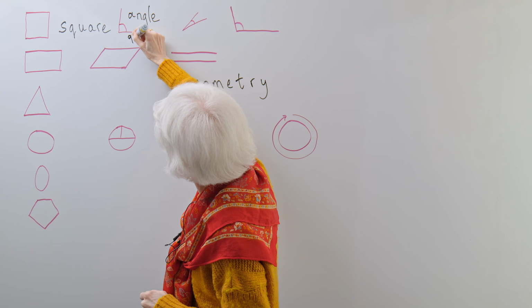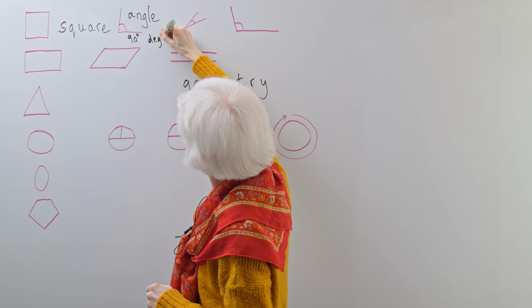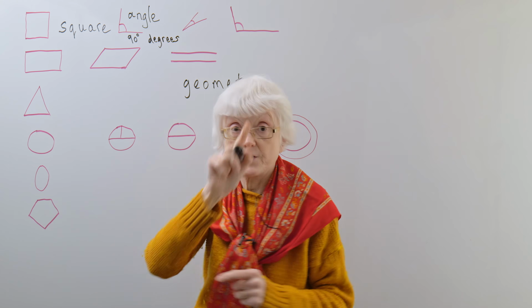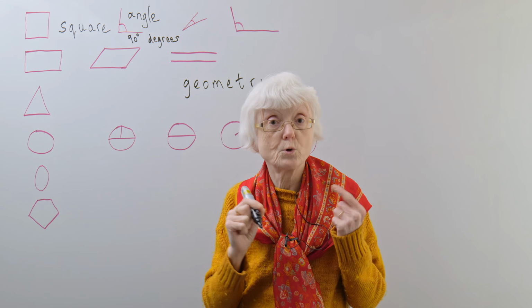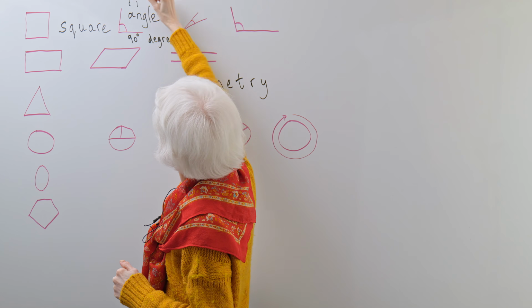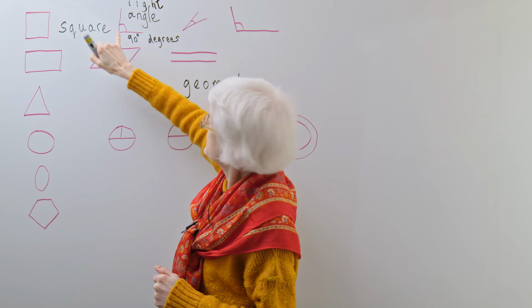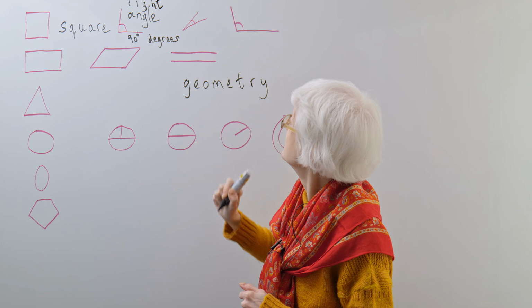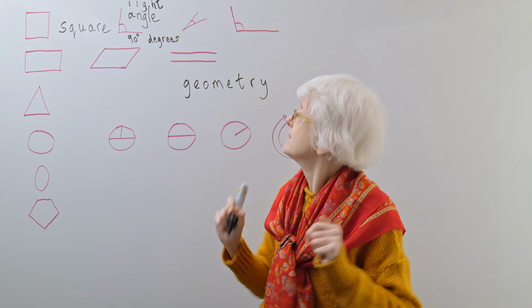So 90 degrees. Okay, because it's absolutely straight. That's also called a right angle. So this is a right angle and it's 90 degrees. So that's also partly what makes it a square.